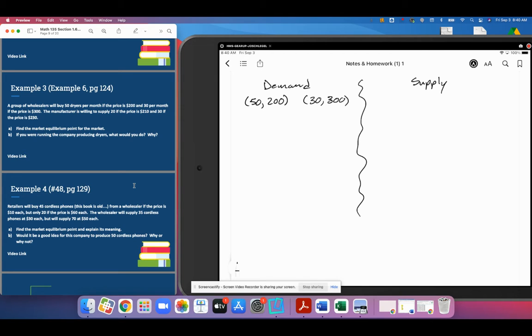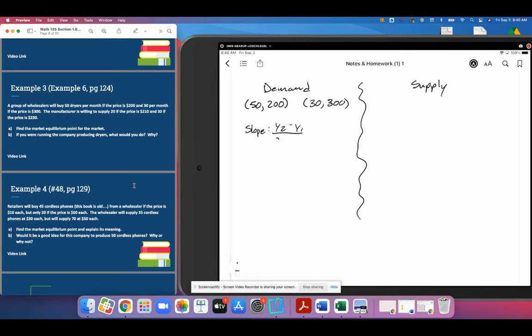We do need to use point-slope form, which means that we need the slope. We will remember slope is y2 minus y1 over x2 minus x1. I, for me, need to label my points. And we can get right to it.